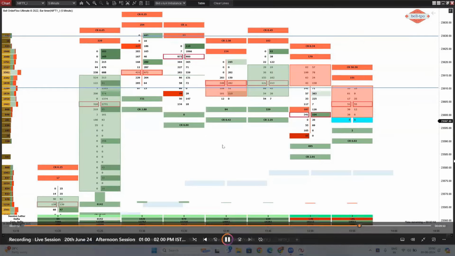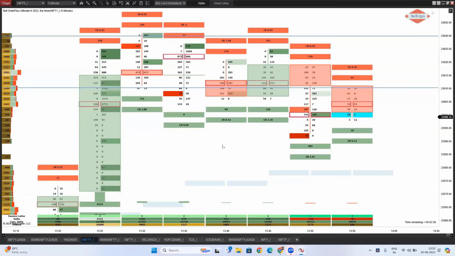Let's see where that volume is coming in. That is very important. So far, no aggressive volumes to test towards the point of control yet. Volume has to get a little bit more aggressive.